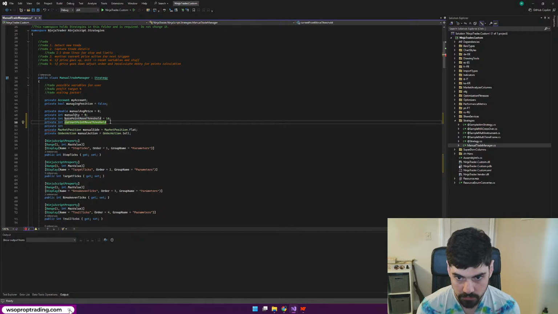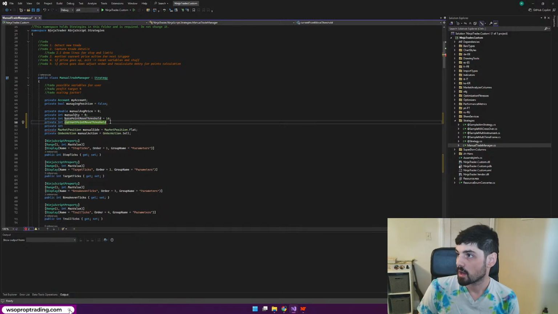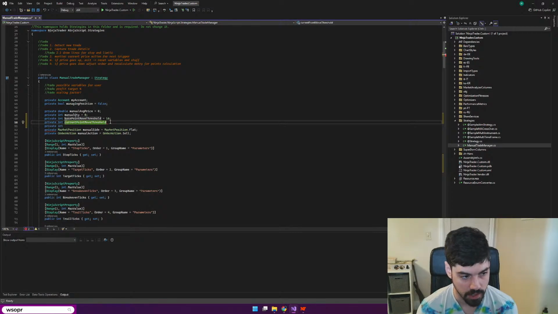So if contract size is 1, then we multiply that. Oh my gosh, no. I'm going to have to come up with some math function for this. If you could have up to 100 contracts, we could turn that into a percentage.